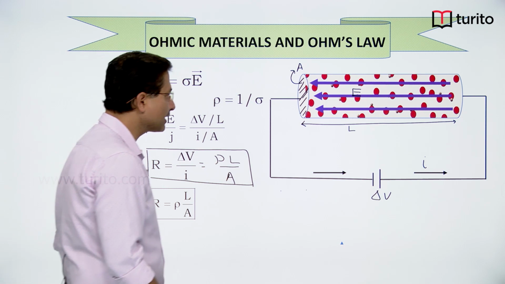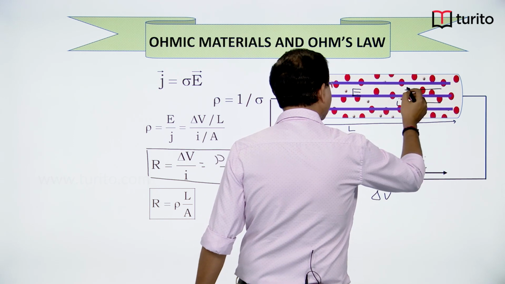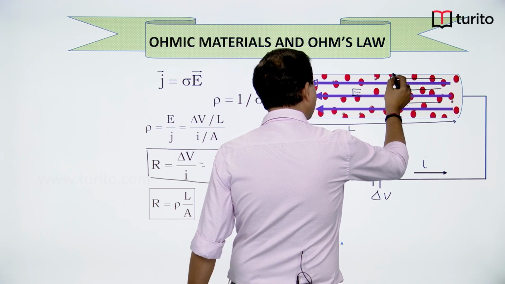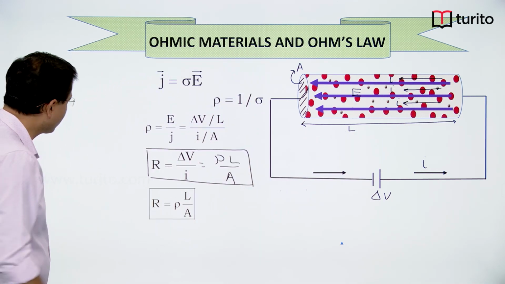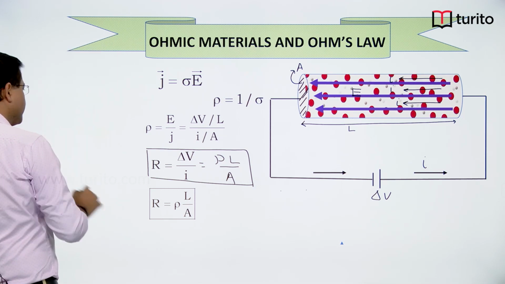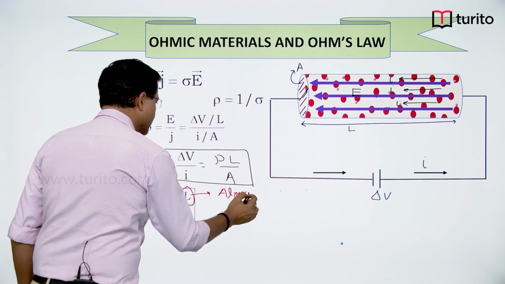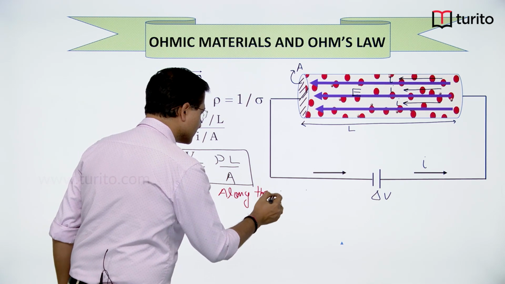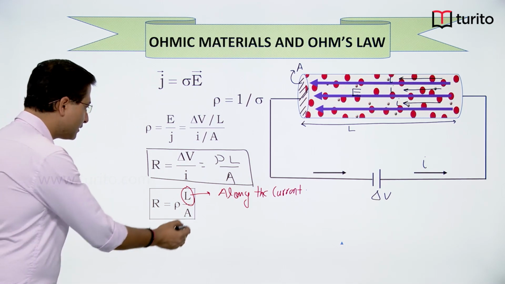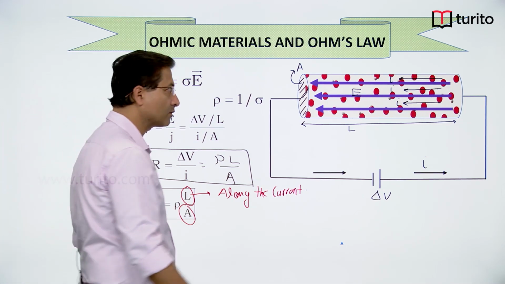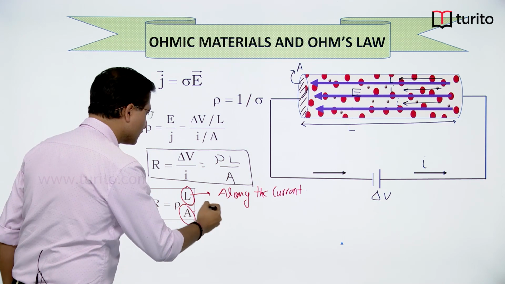As you can see, current will be flowing this way, this is the direction of current, and we are defining length along the direction of current. And the A we are writing here is perpendicular to the flow of current. Current is flowing this way and the area of cross section is A. So, this is perpendicular to the flow of current.